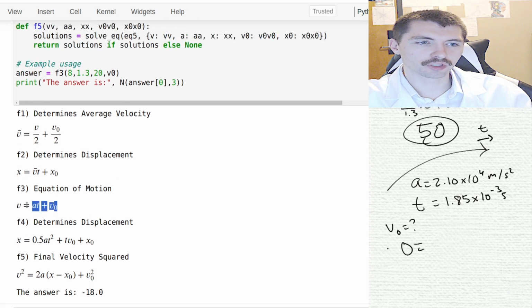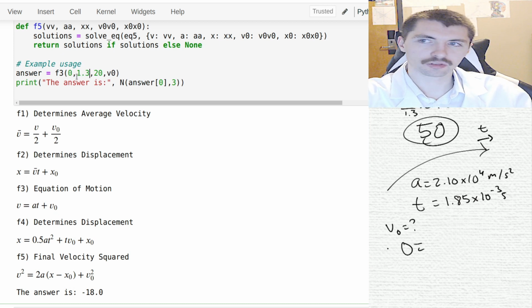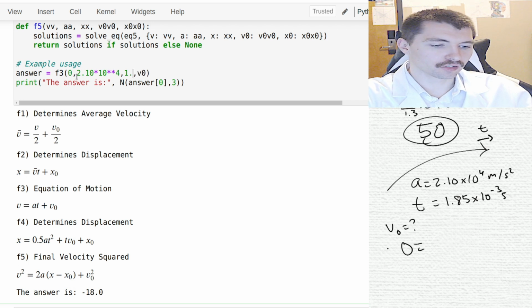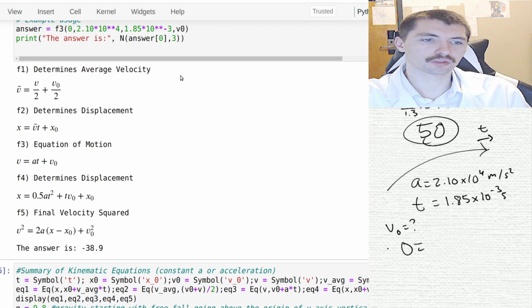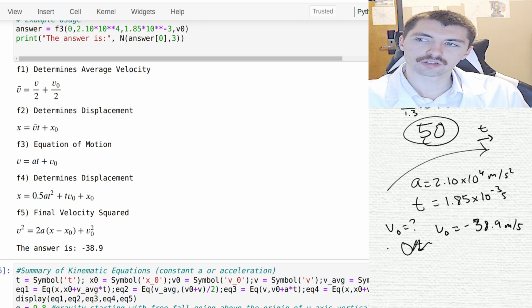So we're doing this equation, F3, so 0 and 1.85 times 10 to the negative 3. So the answer is... that doesn't really make sense.